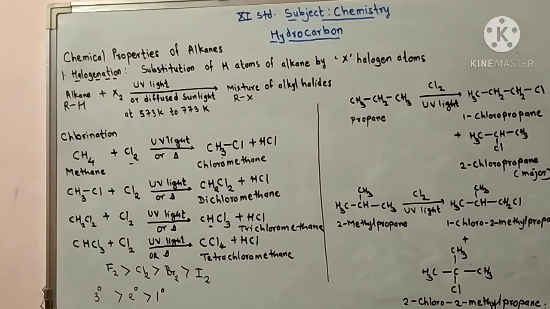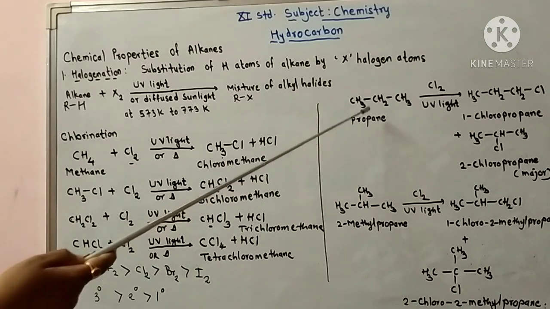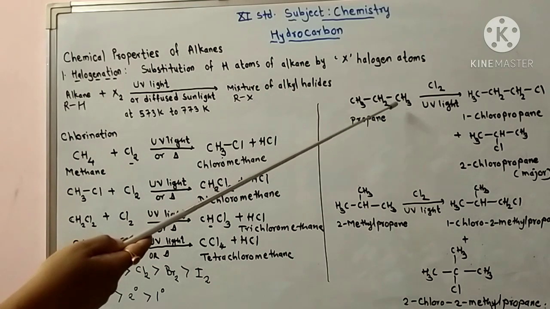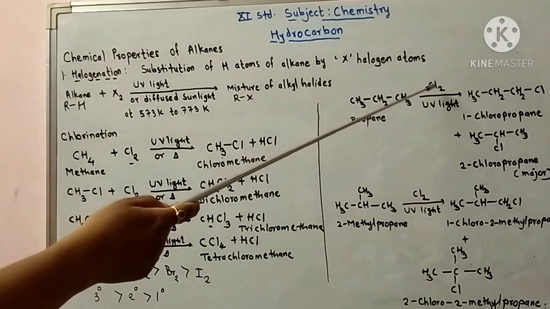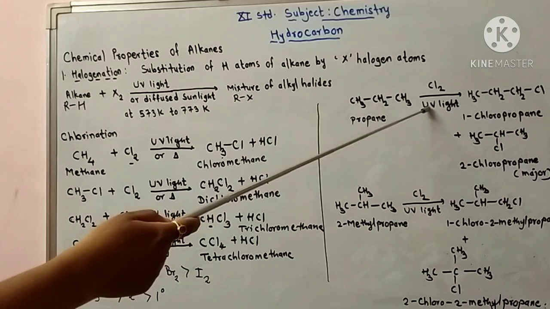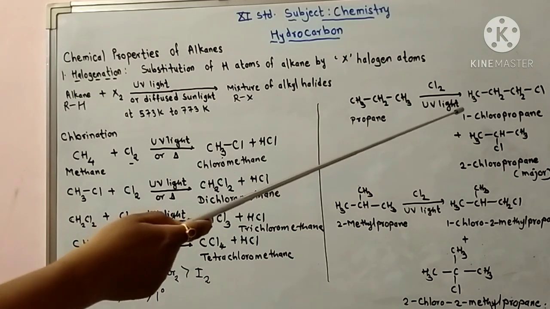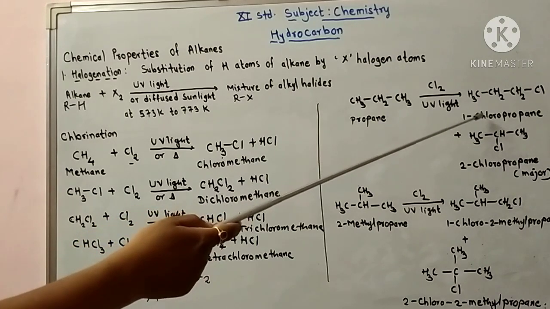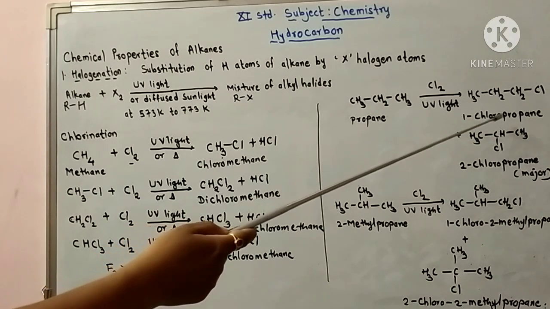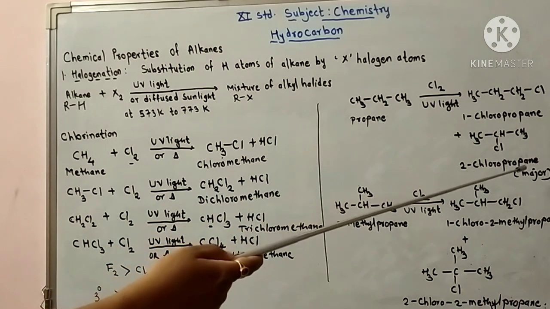Now let's take another example. Propane, with three carbon atoms, that is CH3, CH2, CH3. Chlorination, reaction with the chlorine molecule Cl2 in the presence of UV light, produces a mixture of two alkyl halides, 1-chloropropane and 2-chloropropane.